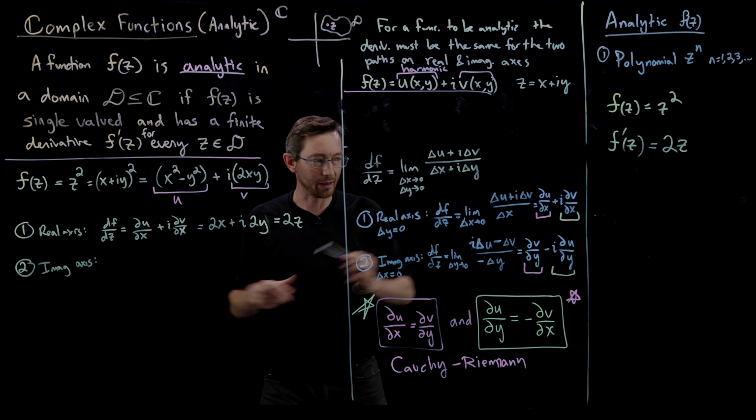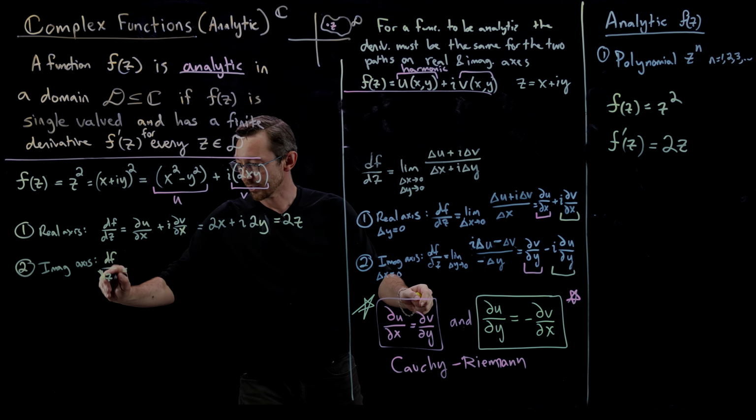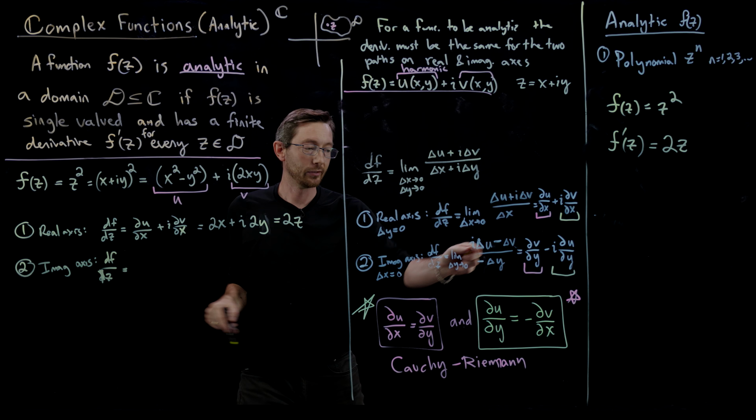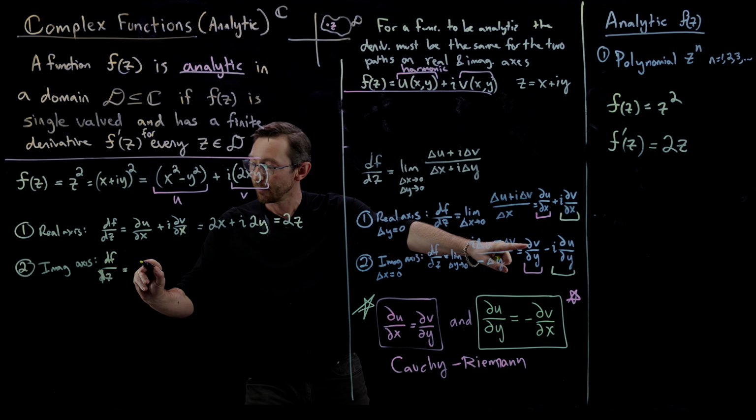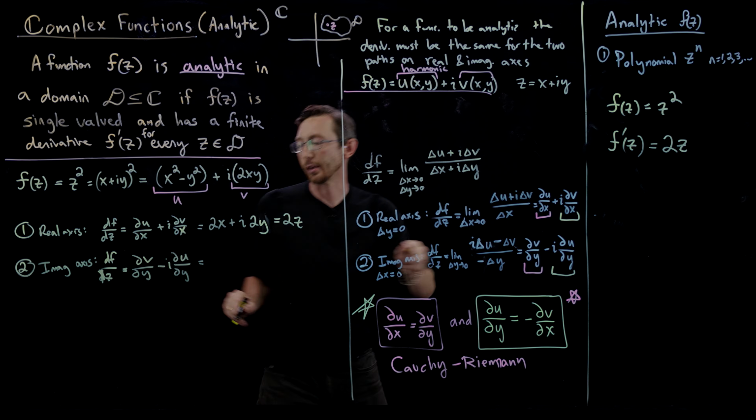So now if we compute this on the imaginary axis, we have df dz equals, this is just a straight line, a total derivative df dz. It equals partial v partial y minus i partial u partial y. Okay, good.